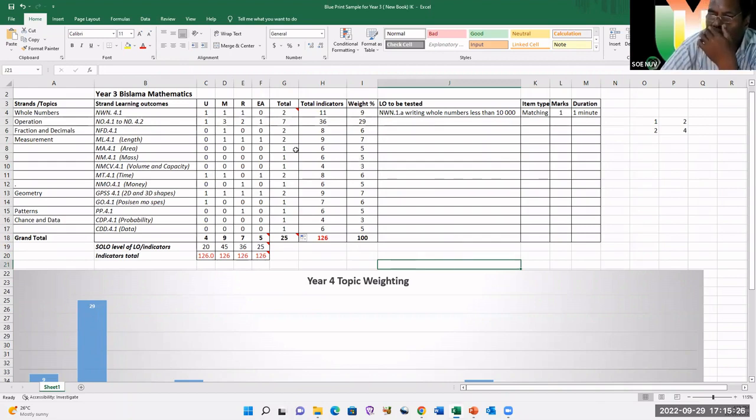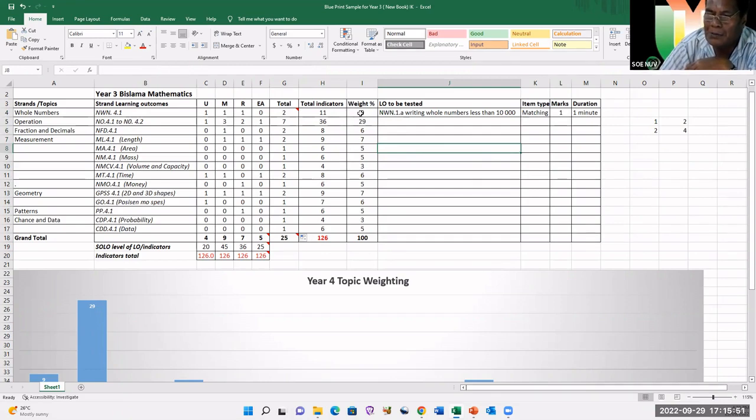Okay. So this is about the blueprint construction, and it will apply for all the others. To save time, you will just use the same template. The formula is already there. You just fill in your indicator, and the computer, this Excel, will do all the rest.